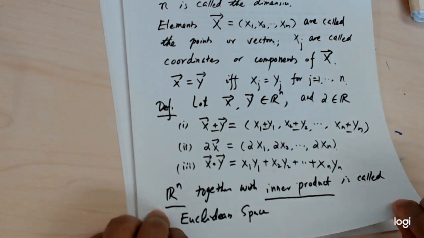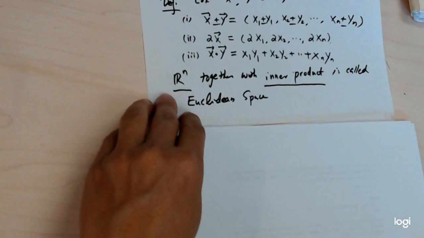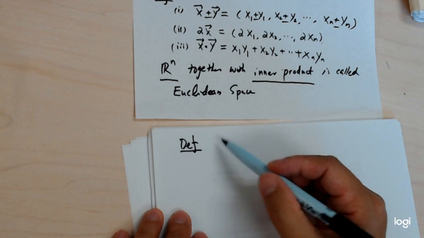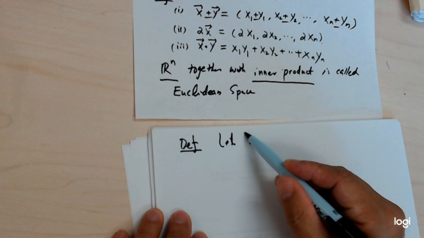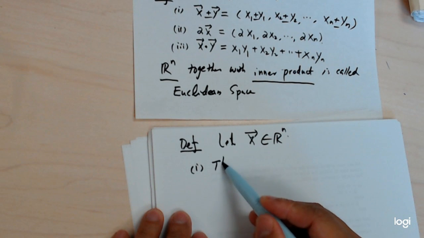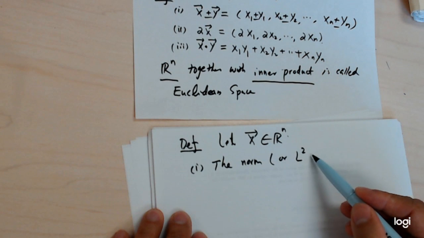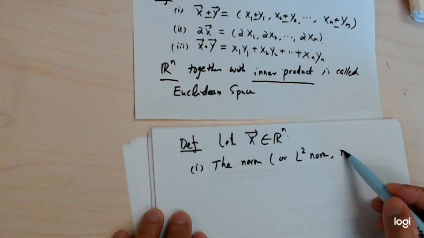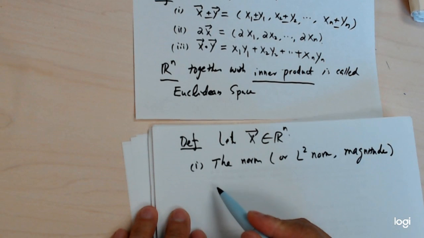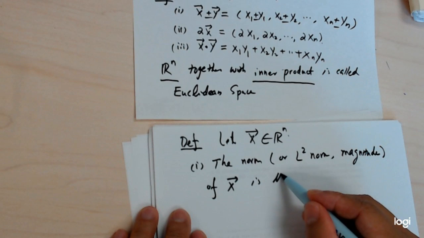So next we talk about different ways to measure the size of each element of Rn, or the vectors in Rn. X is a vector in Rn. The norm, so this is the usual norm, or we call it the L2 norm, or the magnitude, of x is the following number.